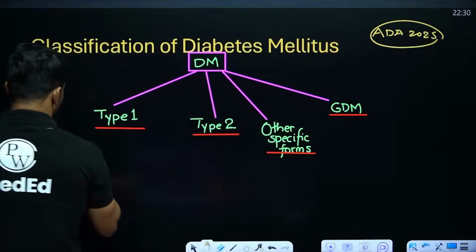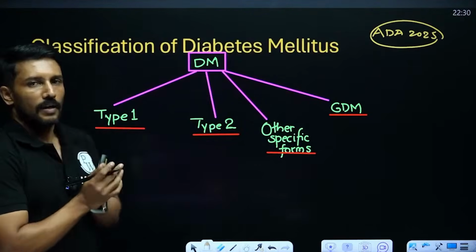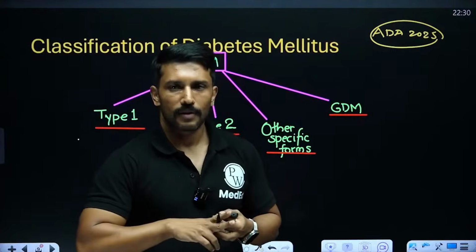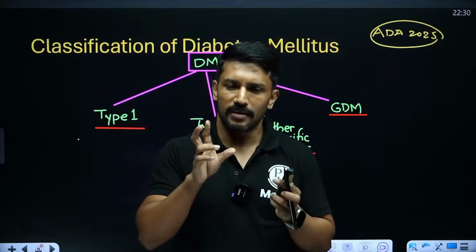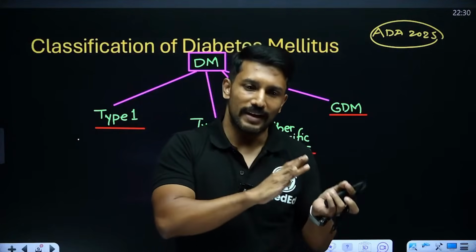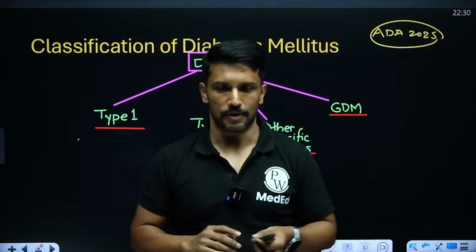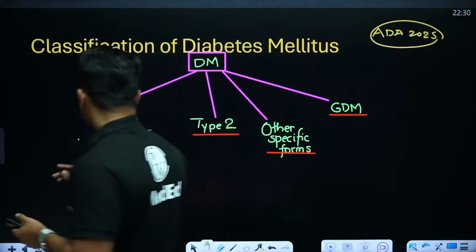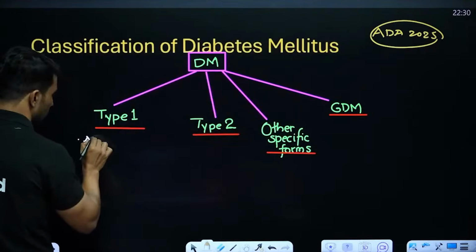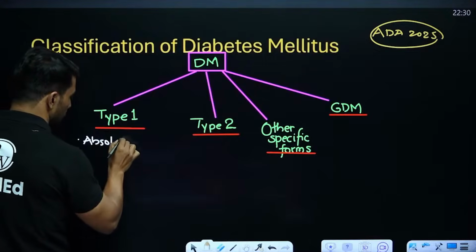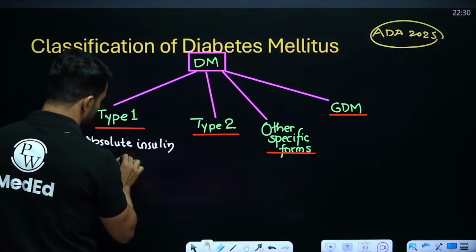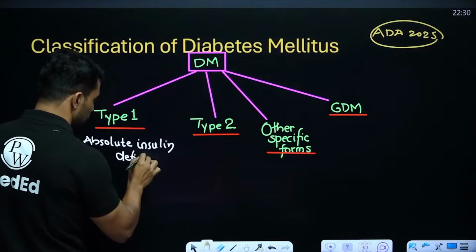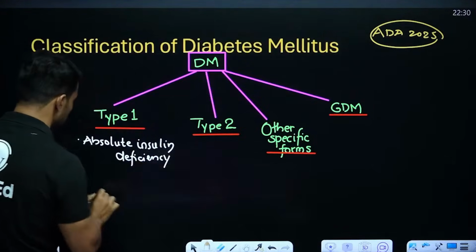Type 1 diabetes mellitus. What is the problem here? The two things to note here. One, diabetes mellitus or hyperglycemia results either because of insulin inaction or insulin deficiency. So the problem in type 1 is there is absolute insulin deficiency. What is the reason for this?